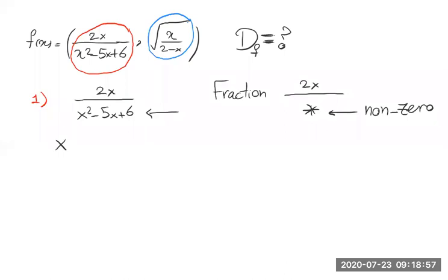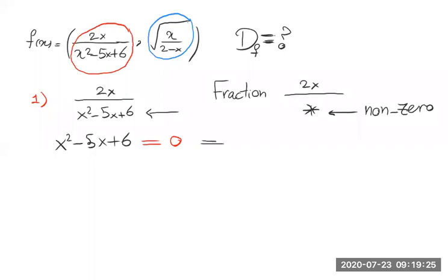So x squared minus 5x plus 6, we don't want it to be 0, right? If we divide by 0, it doesn't have any meaning. So we should find out when this becomes 0, and remove those points from the domain. The function is not defined if this is 0.